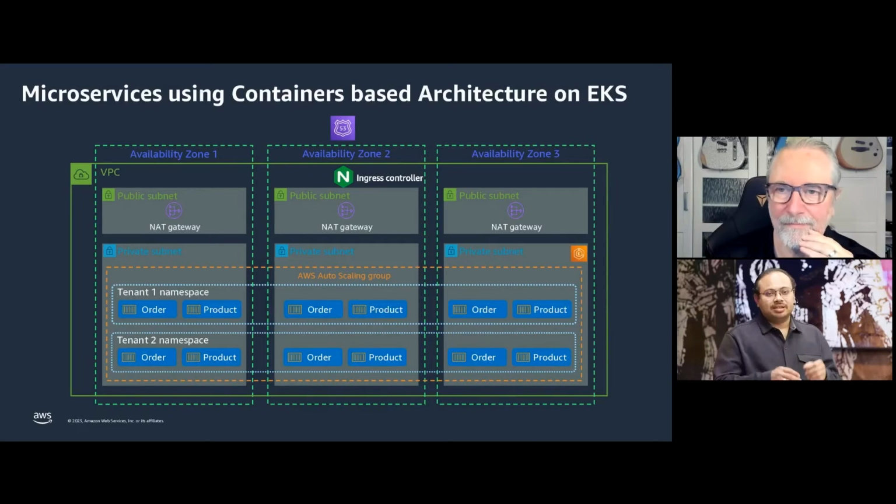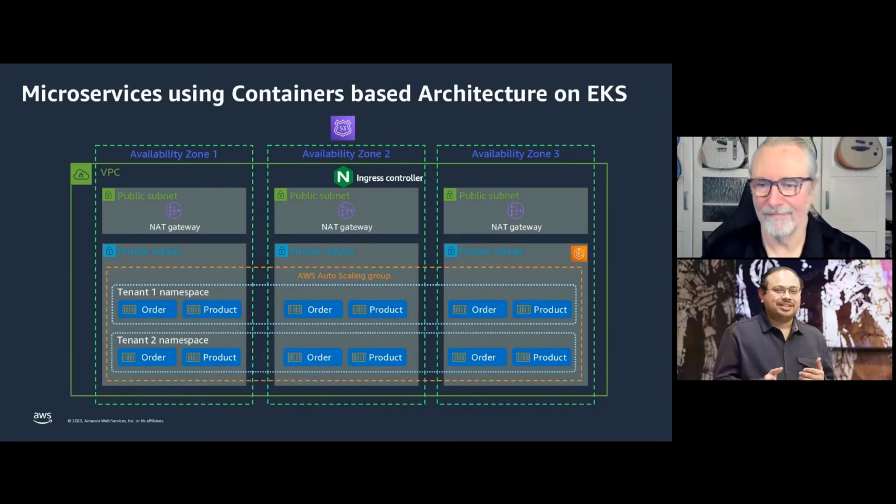We also see customers building applications on the Kubernetes ecosystem and deploying them on EKS. So here we talk about how we build in the silo, going back to the silo, pool, and bridge-based architecture patterns using containers.